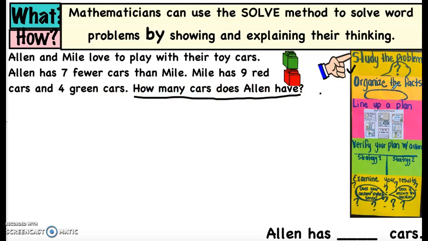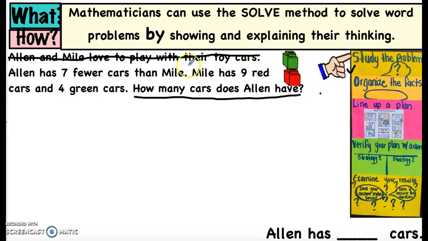So let's organize our facts. What important information is this problem giving me? So let's see. Alan and Maya love to play with their toy cars. Is that important? No, I don't think so. So I'm going to cross this information out because I don't think it's important in order to solve the problem.